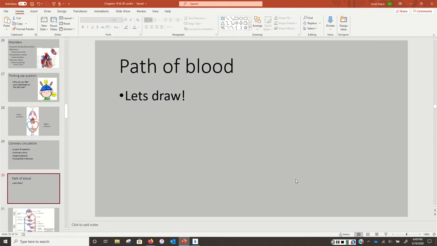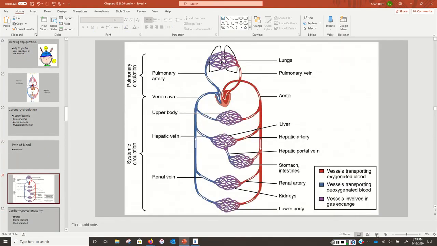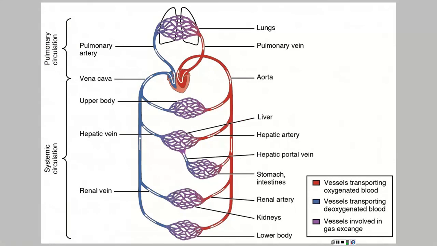All right, so just to kind of wrap it up, even though we talked about the pulmonary circuit and the systemic circuit, I would like you to keep in mind that is a very oversimplification of how it goes. There is the pulmonary circuit. But when we talk about the systemic circuit, there are many paths that it could take. It could go to the upper part of the body, like the head and the upper limbs. It could go to the liver.